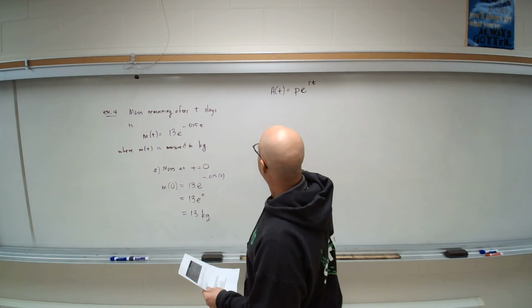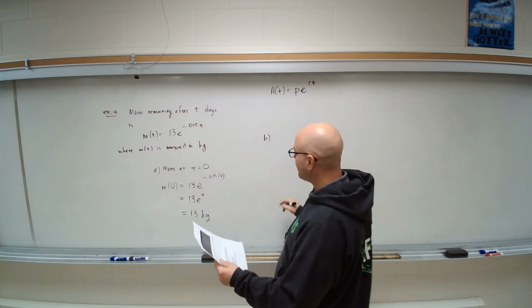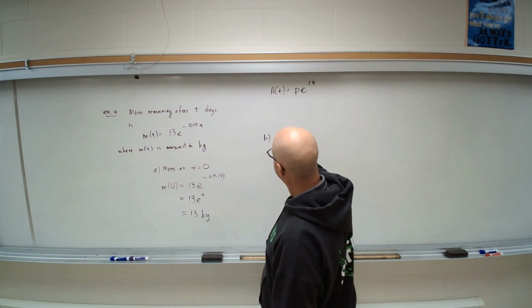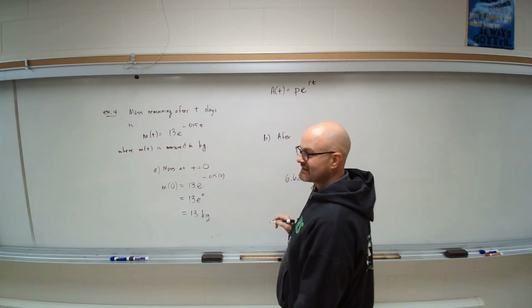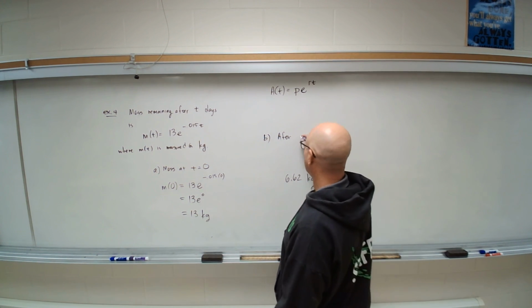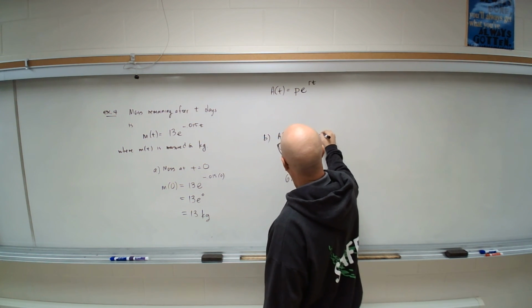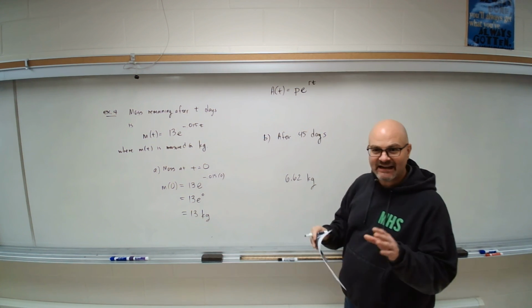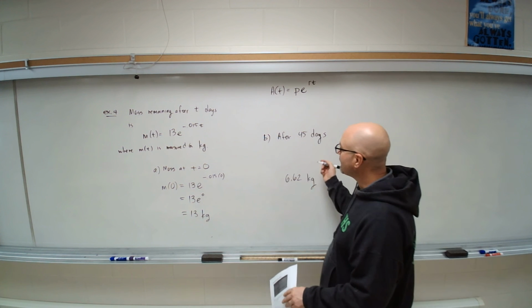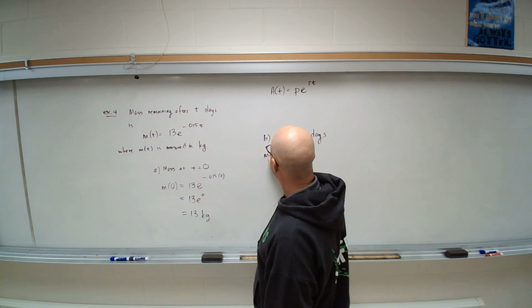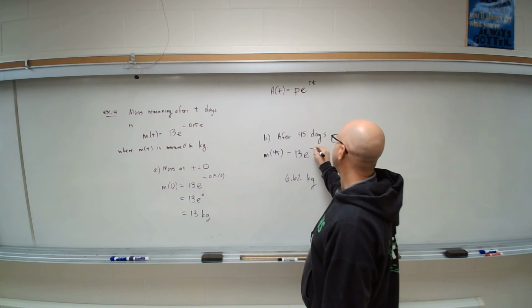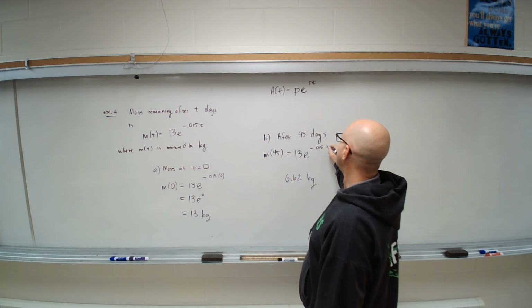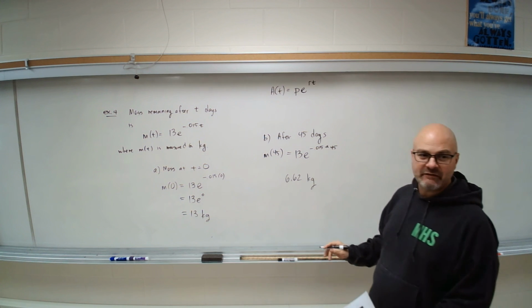For part B, how much mass remains after 45 days? I heard it was 6.62 kilograms. I had not actually worked it out yet, so I see a bunch of heads shaking out there, so I'm going to assume it's right. But the way we'd set that up would be M of 45 is going to be 13e to the negative 0.015 times 45.